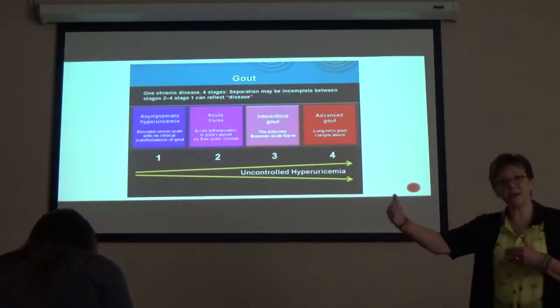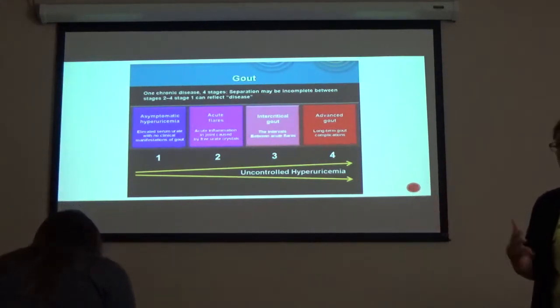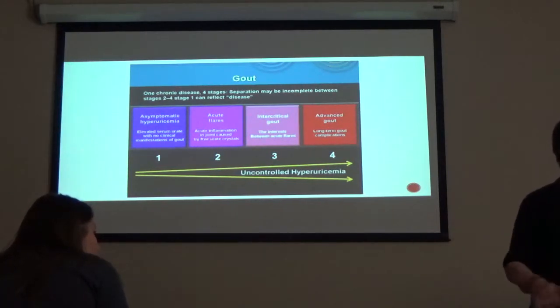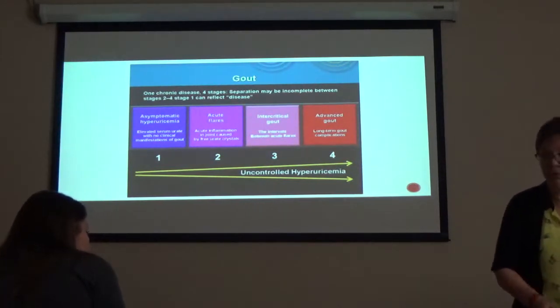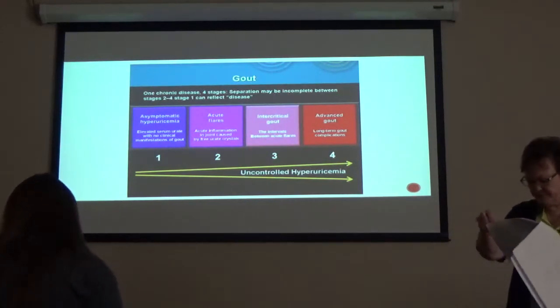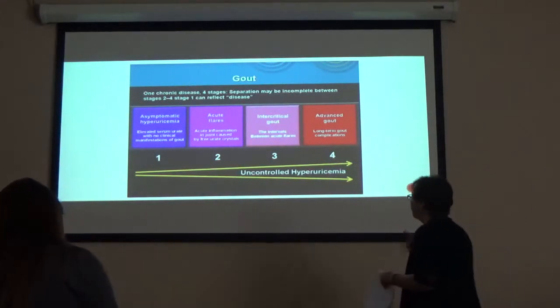As they progress in the disease, those intercritical periods will become short. So the time between flares will get shorter and shorter. And it reflects that chronic inflammation that's going on, and the deposition of those crystals just continue. Okay, and then we get to advanced gout where we've got complications.